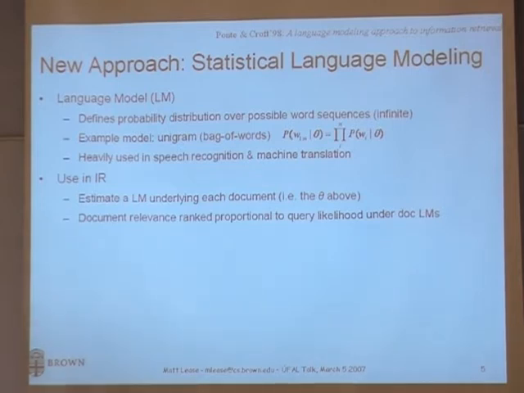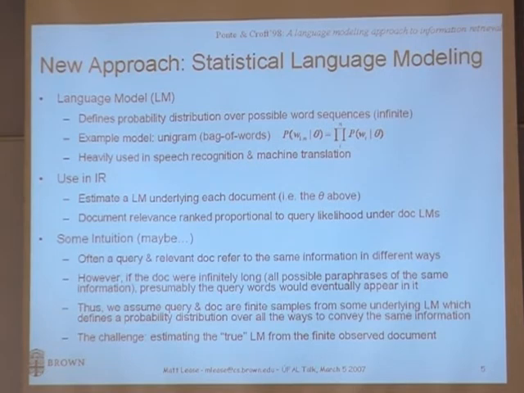For each of the documents, we assume that it's some sample from an underlying distribution, and we rank document relevance proportional to how likely the query is under each of the document language models. So for each document, we have a language model, this probability distribution. We say how likely is the sequence of query words under this distribution. And if the query is more likely under one document's language model than the other, we say that document is more relevant. So this is the basic approach.